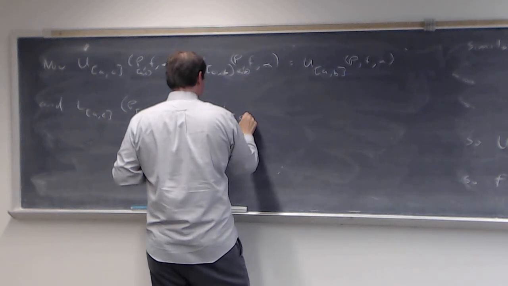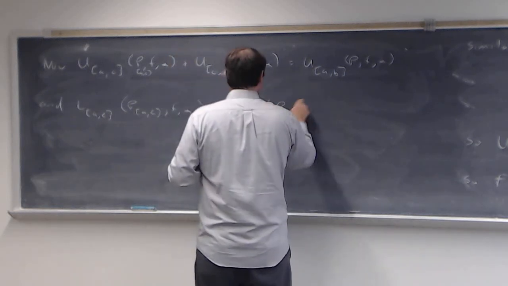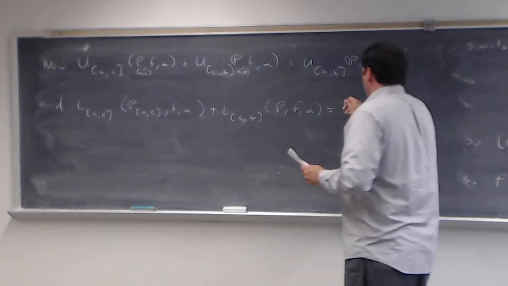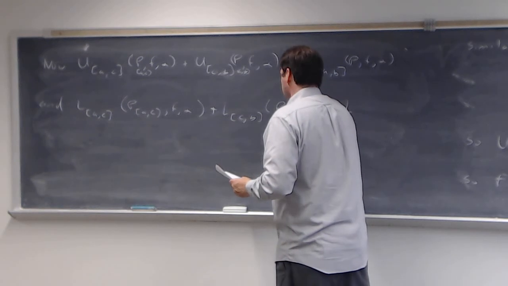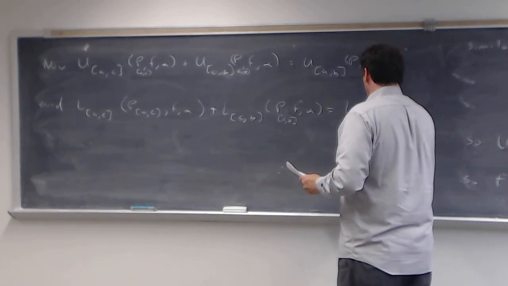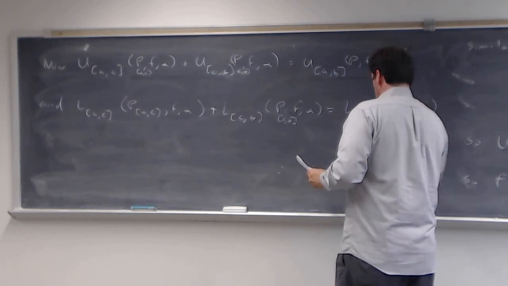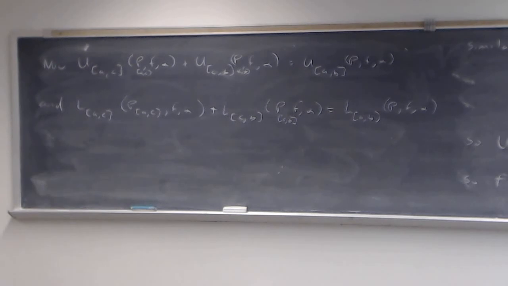C to B. We'll equal this lower sum here from A to B. And this is true for the partition including C. Okay.